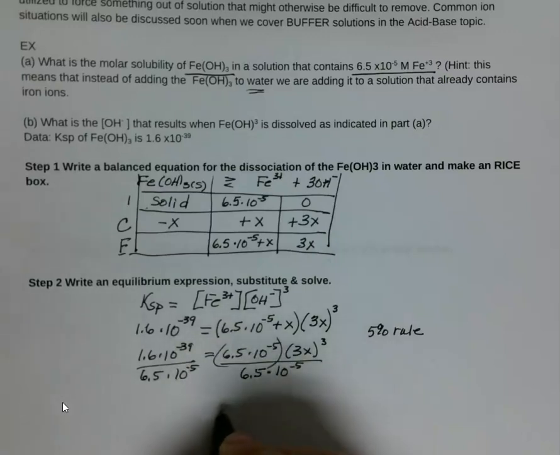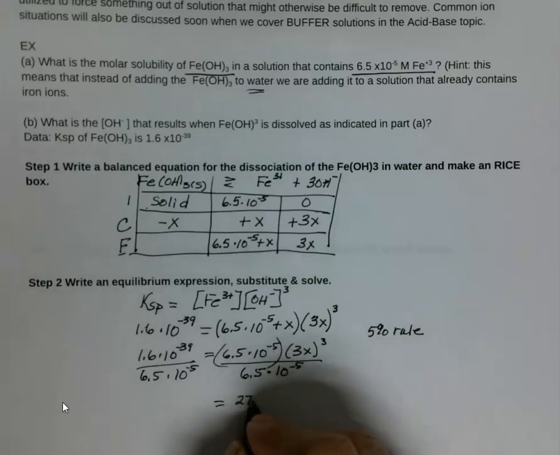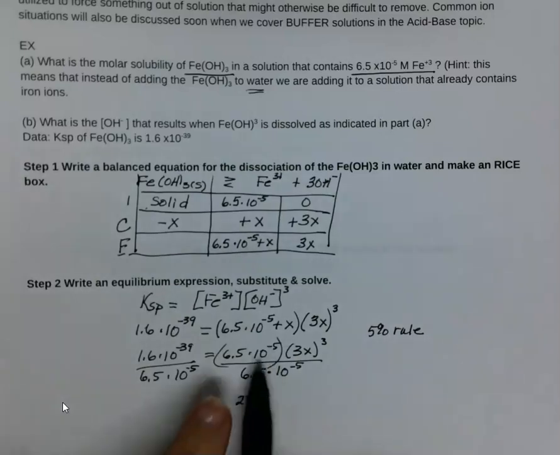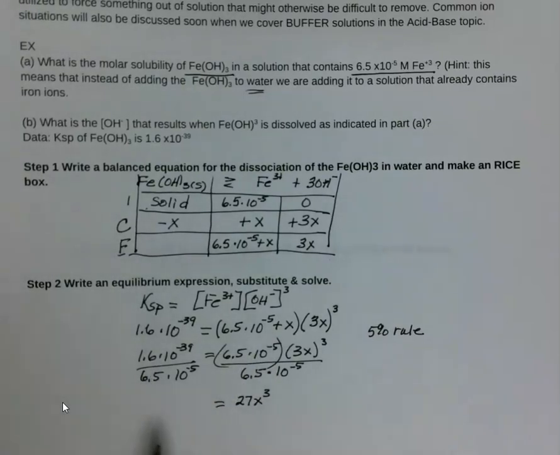And what that'll leave you on this side is your 3 cubed, which is 27x cubed. Okay? Now, do you have to do that? No, you don't. You could have distributed this and then divided it over. But typically it's easier to go ahead and move this piece over, run that whole thing in your calculator, and then solve it from there.